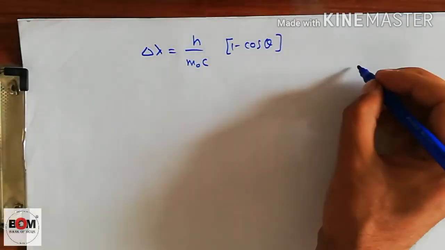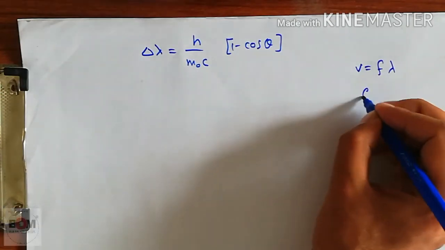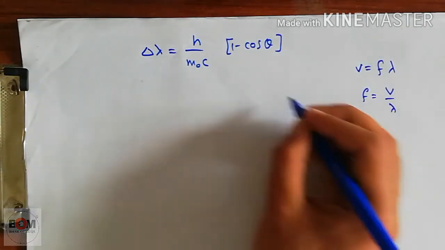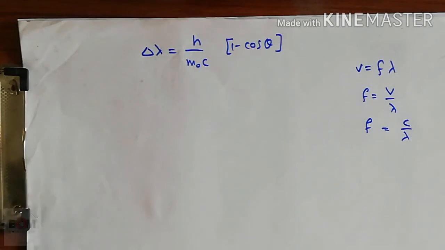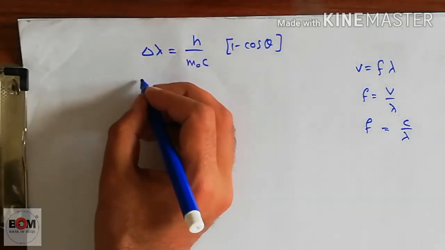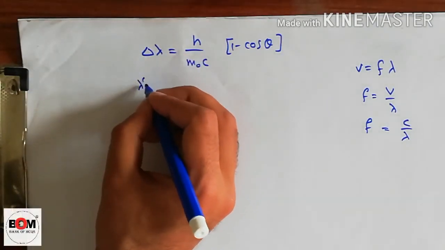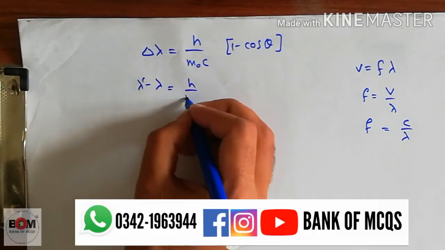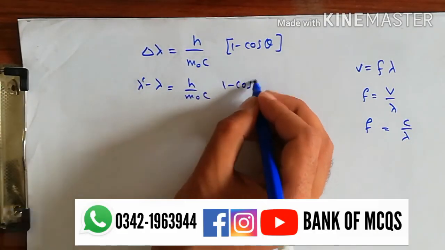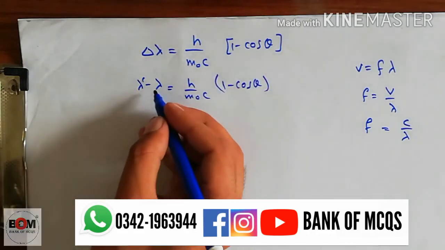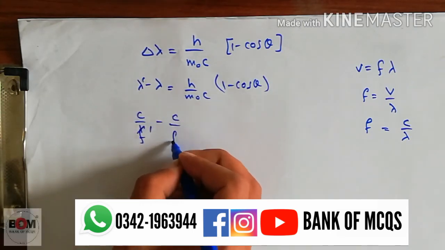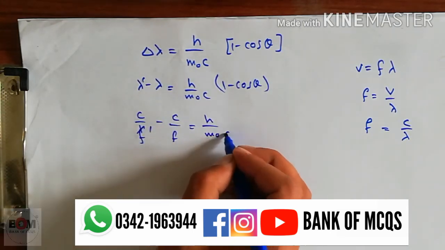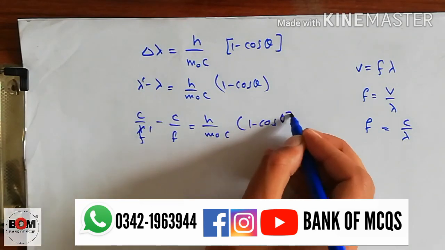In the case of frequency, f is equal to v divided by lambda, and for light, f is equal to C divided by lambda. So delta lambda is lambda dash minus lambda, which equals h divided by m naught C times (1 minus cos theta). In terms of frequency, C divided by f dash minus C divided by f is equal to h divided by m naught C times (1 minus cos theta).